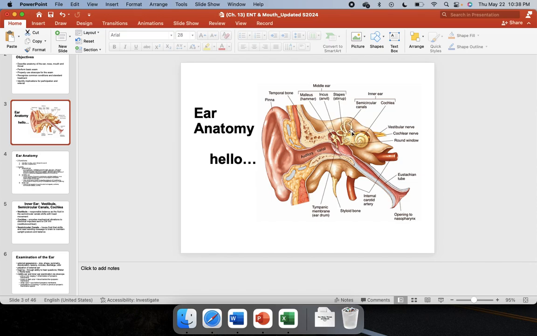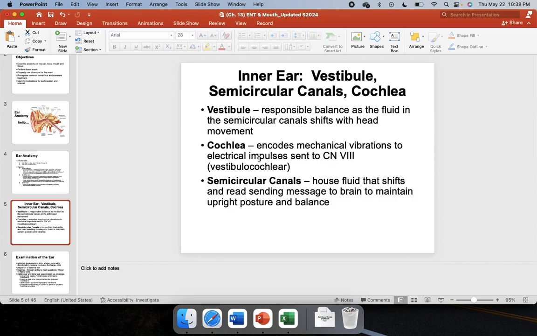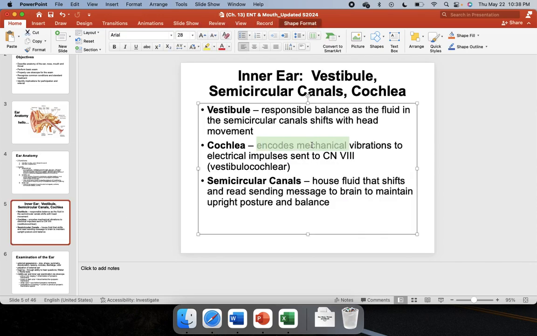And as the fluid passes over those, it's one way that we receive balance. The cochlea is going to transmit those mechanical vibrations to electrical impulses and sent via cranial nerve number 8, vestibulocochlear, named for the structures that it comes to meet. Okay, and then finally, those semicircular canals off of the vestibule house the fluid that shifts those messages for balance.